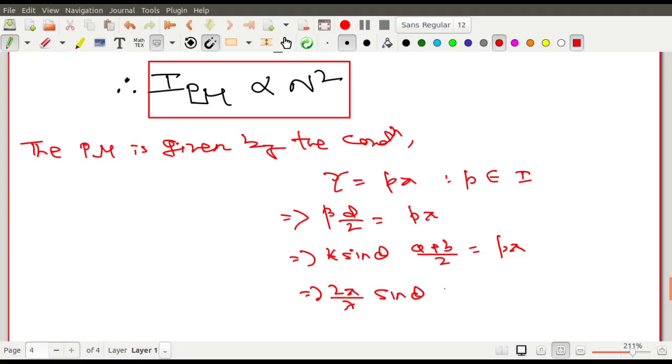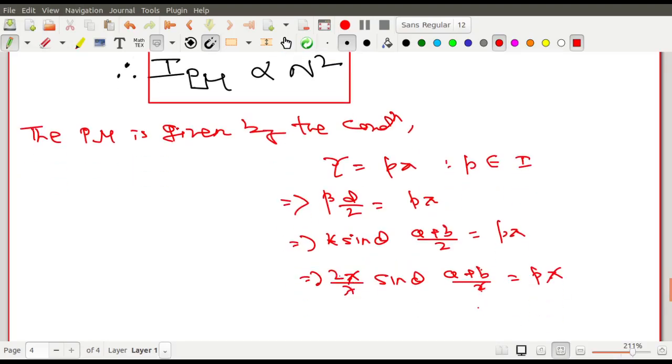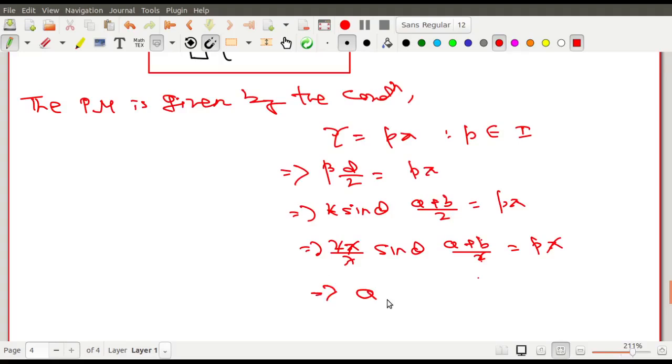So 2 pi by lambda, sin theta, a plus b by 2 equals p pi. You cancel pi from both sides, you cancel 2, and you find exactly the same thing as in the last class: a plus b sin theta is equals to p lambda.